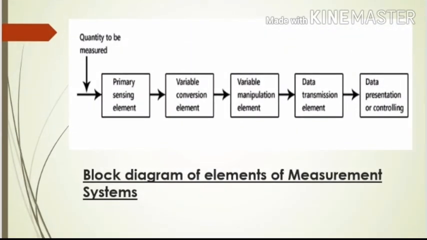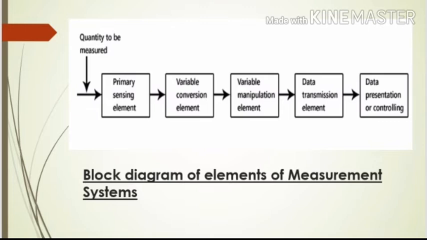So here this is the block diagram which shows the 5 elements, which is important in its own way. Here first of all, the quantity of any object has to be measured. Then first primary sensing element which detects the signal, then it passes to variable conversion element where the signal is converted into suitable form, then passes to manipulation element where it's modified and passes to data transmission element.